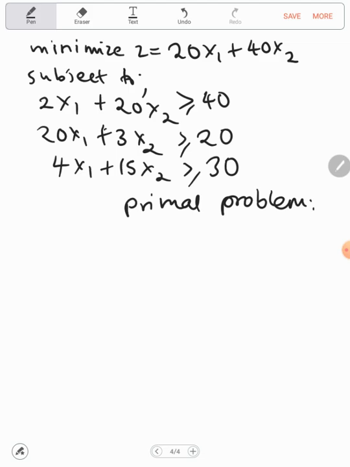Now let's take a look at the situation where you have equal to sign. Your constraints have equal to sign. What happens in that case?